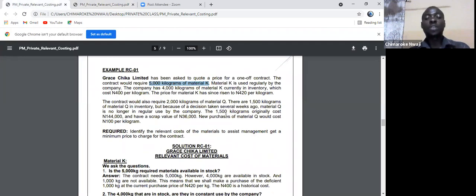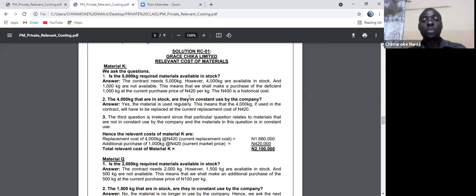The question tells us that although the historical cost was 400 naira per kilogram, the price has since risen to 420 naira per kilogram. And so 420 is the relevant cost you are going to use. So you will simply say 420. If you look at the summary here, replacement, okay.